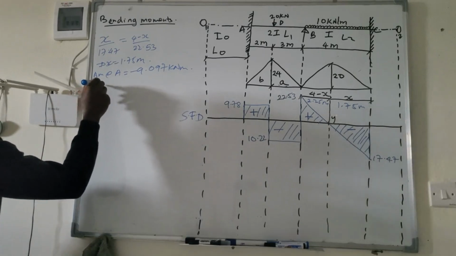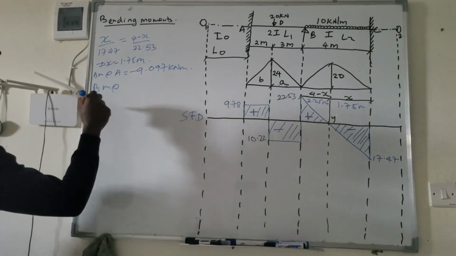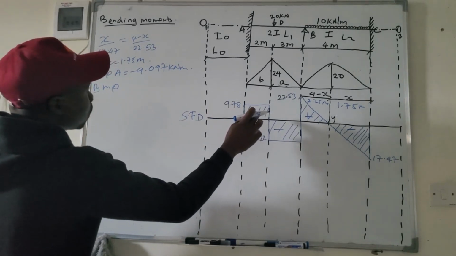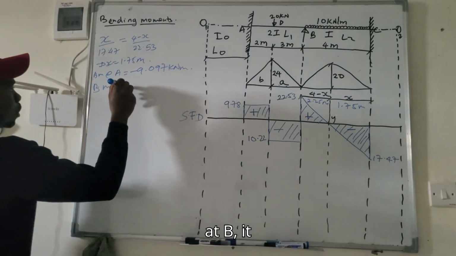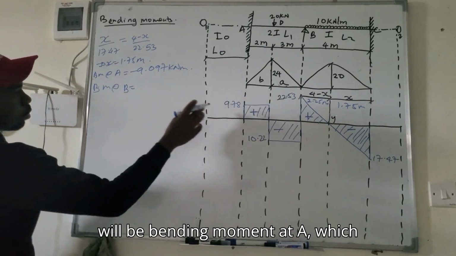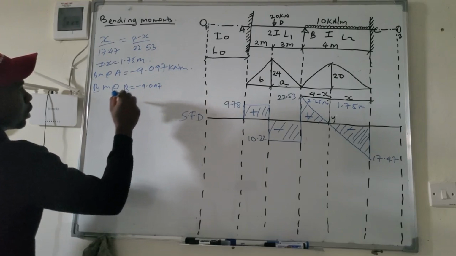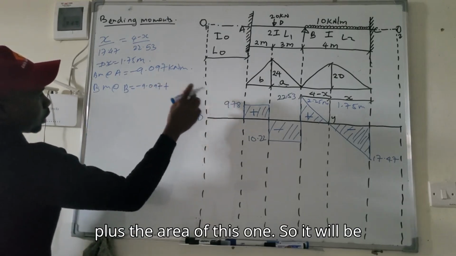Bending moment at D will be bending moment at A, which is negative 9.097, plus the area of this one.